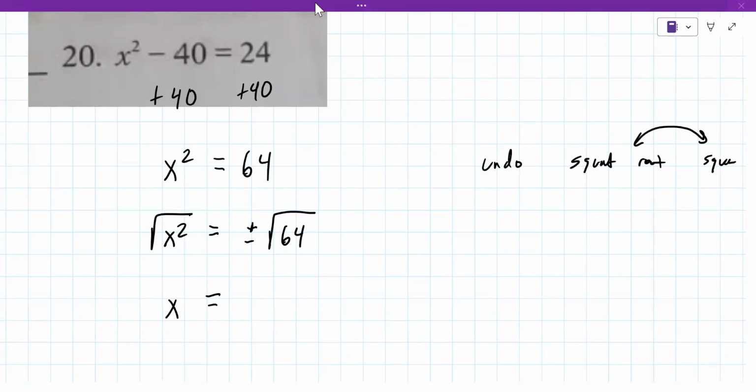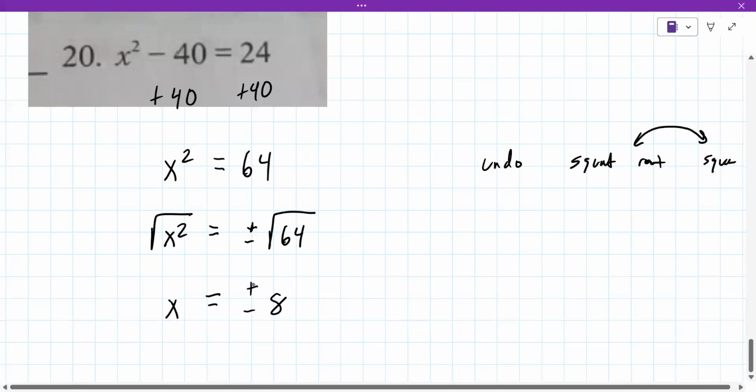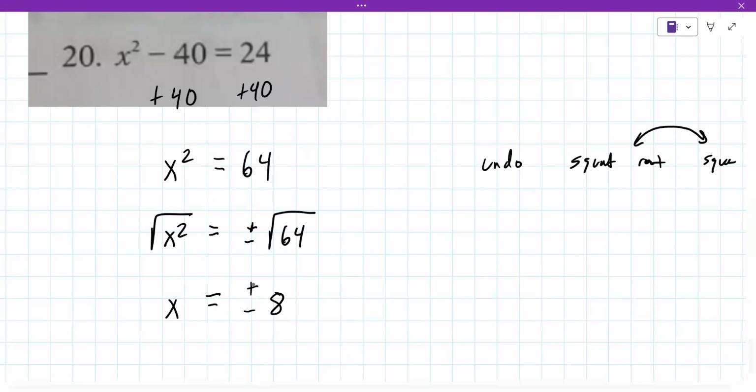Here it is. Square root of 64 is 8. Good. So x equals plus or minus 8.